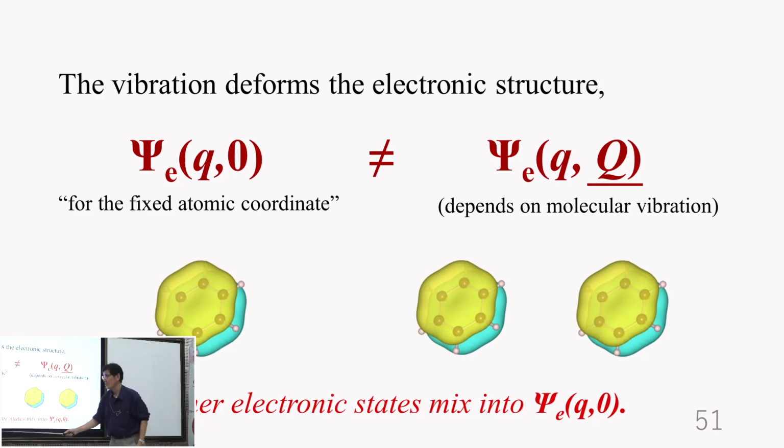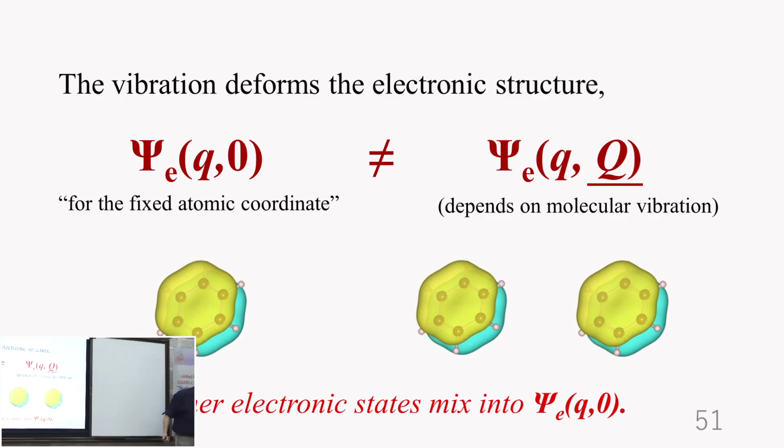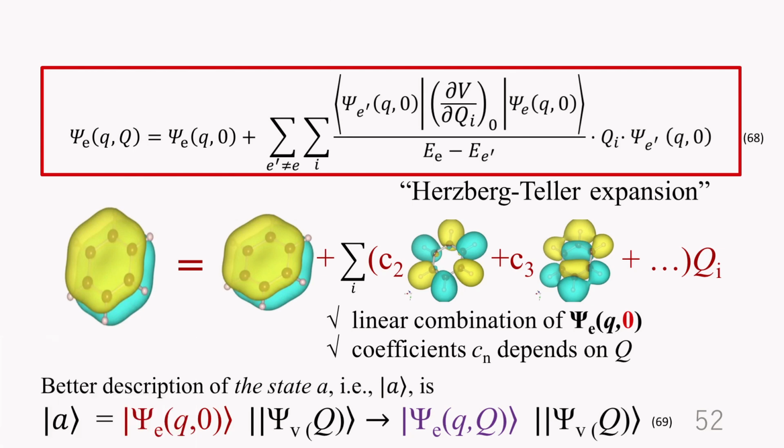In this case, we should consider other electronic states mixing into the static wave function. This is the idea of the so-called Herzberg-Teller expansion. The wave function of the electrons vibrating along the vibration coordinate Q is explained as a sum of the static wave function plus an additional term.